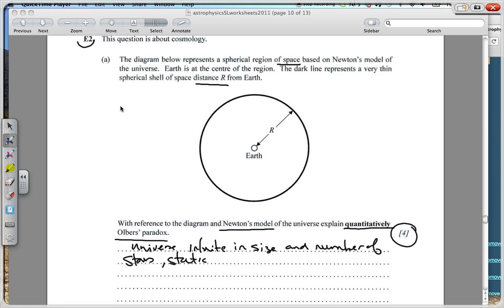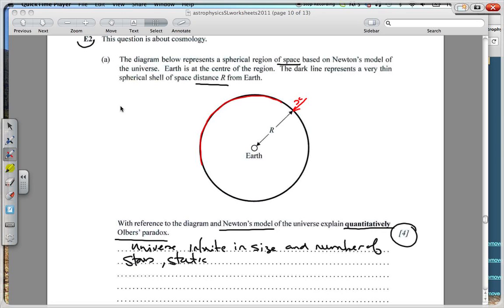So on the basis of this, what Olber basically said was that these stars in this shell, it's a very thin shell, I'm just redrawing it a little bit here, if this was the distance there would be x, which is very small in comparison to the r.